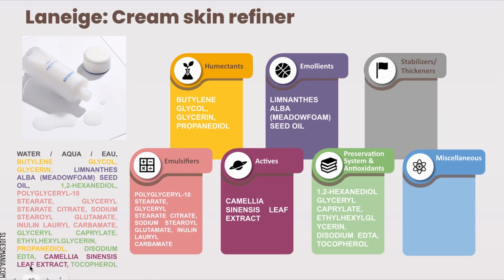And then we have the Camellia sinensis leaf extract, which is an active, and here it might be inserted for marketing purposes, but we cannot really judge from the ingredient list because we don't know the specific ingredient that they used.